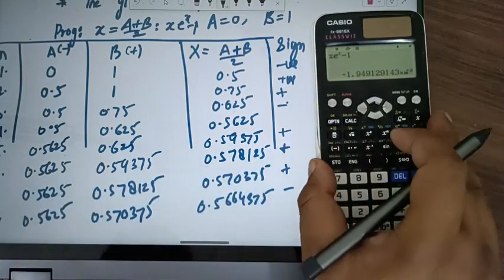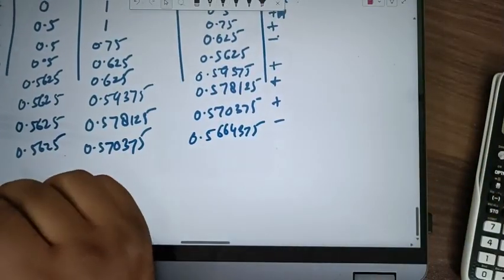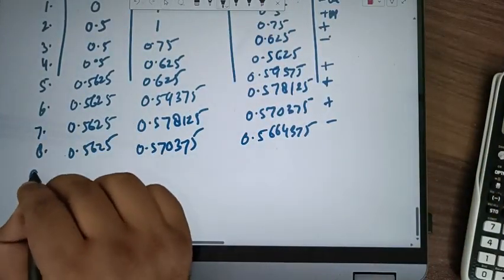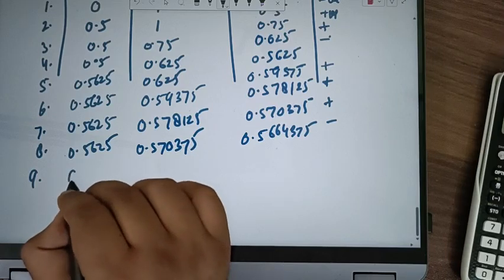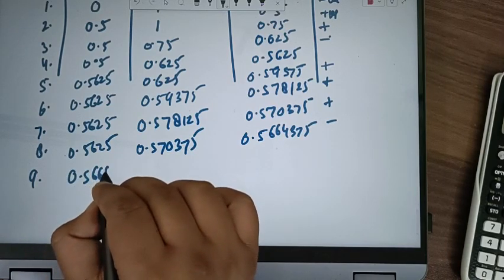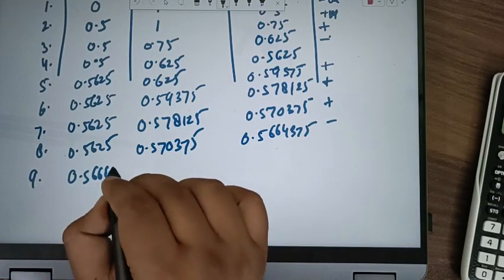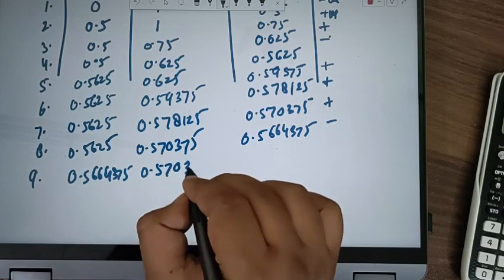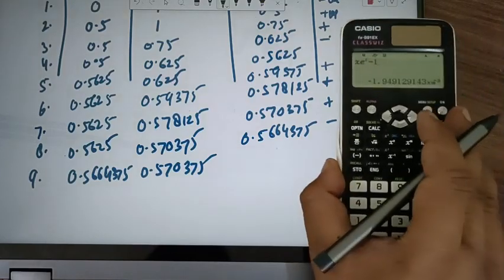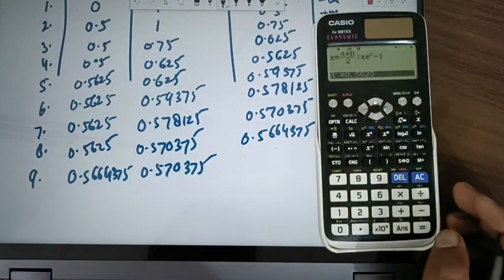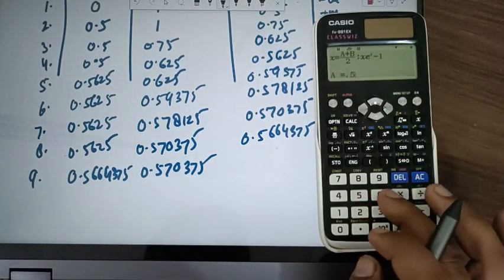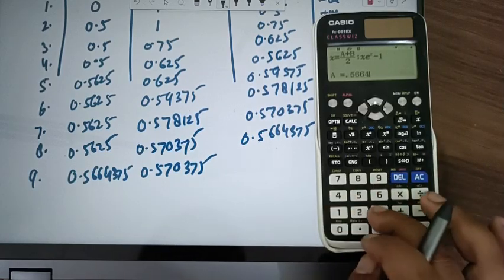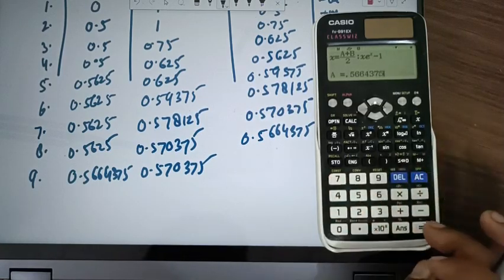In the next iteration, iteration 9, the value of a will change. The value of a will be 0.564375, and the value of b will be 0.570375. Press equal, change the value of a to 0.564375, then press equal.